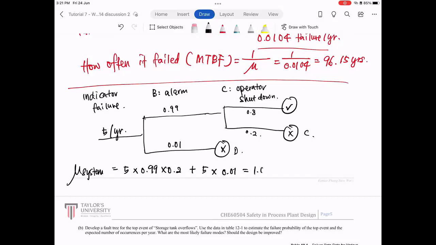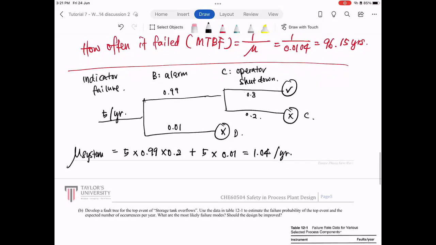This is 1.04 per year. And if we are to make it mean time between failure, is my calculation correct? So 0.99 times 2.02, yes, 1.04.